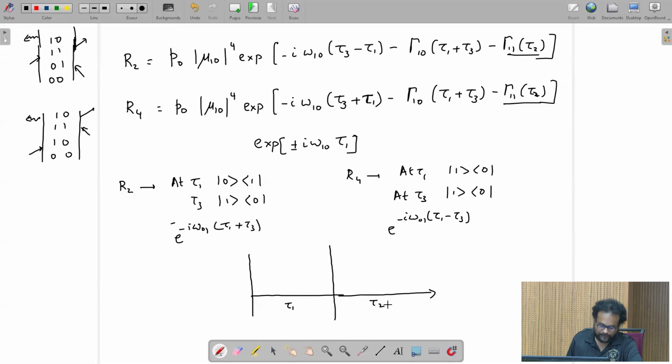For my R2, I'm accumulating a phase till tau 1, that is e to the power minus i omega tau 1, and then I'm coming back down. This is for R4, tau 3.